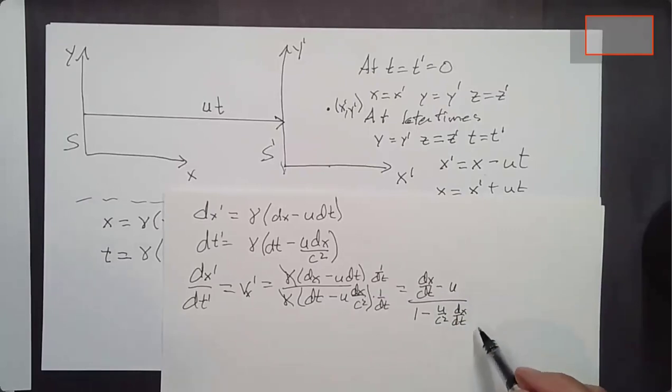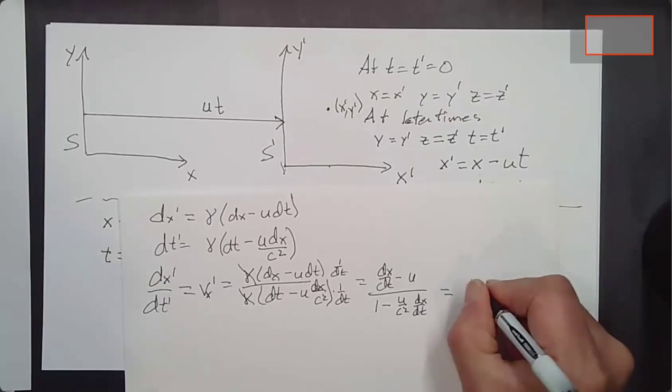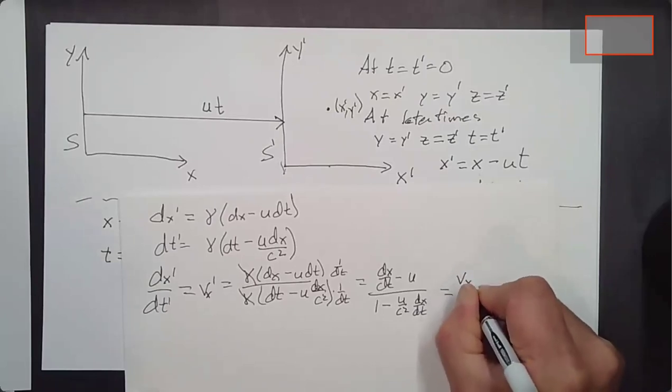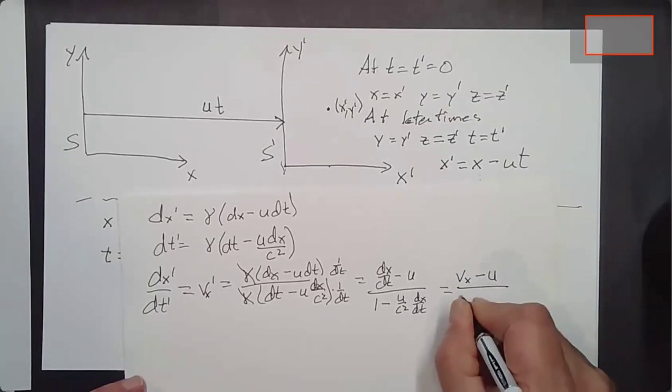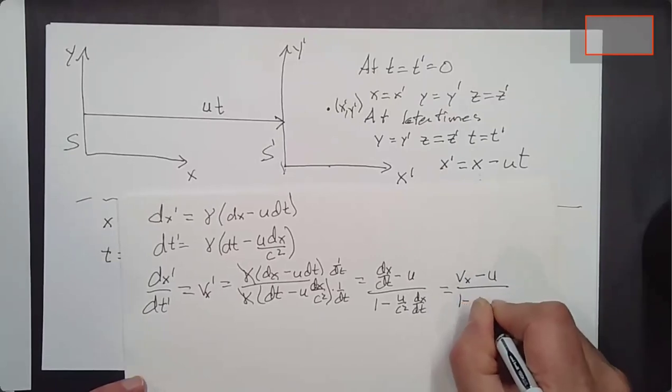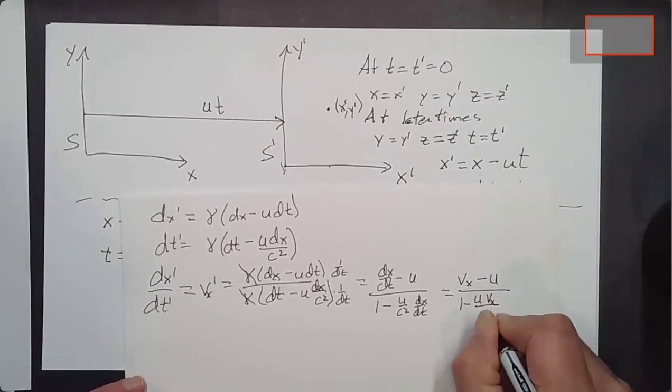Now, dx dt is going to be v sub x, so this ends up being v sub x minus u, divided by 1 minus u v sub x over c squared.